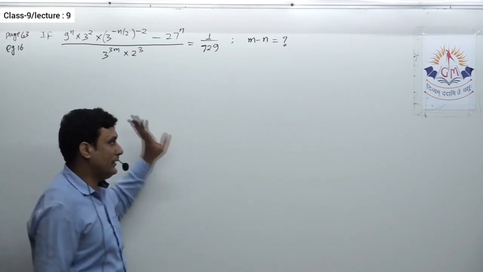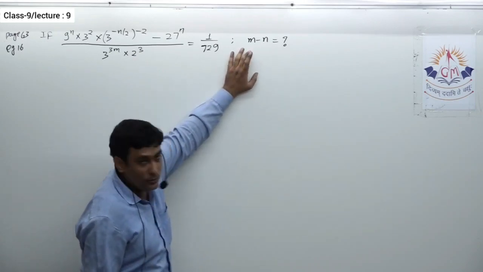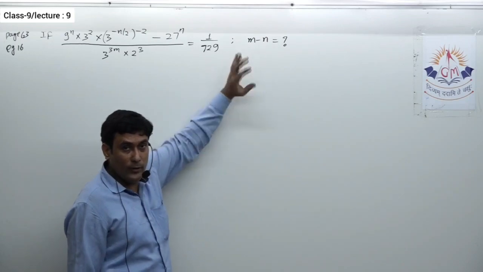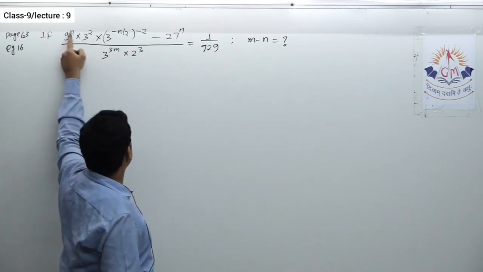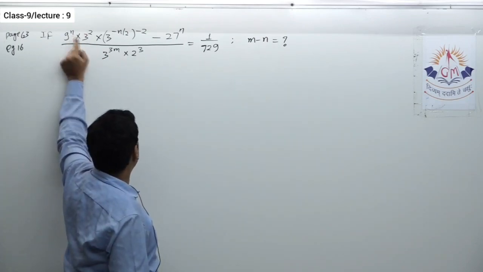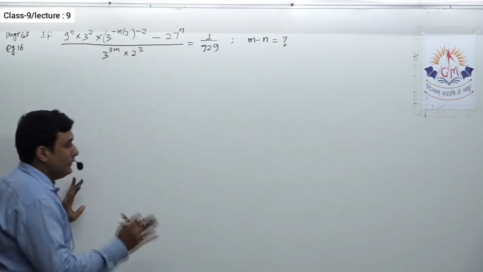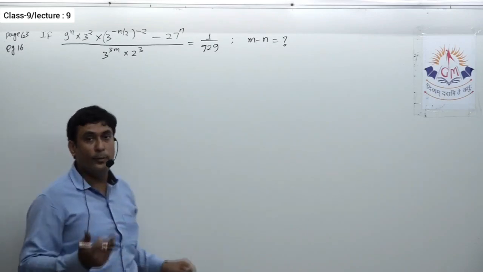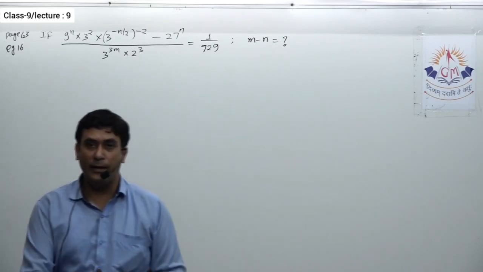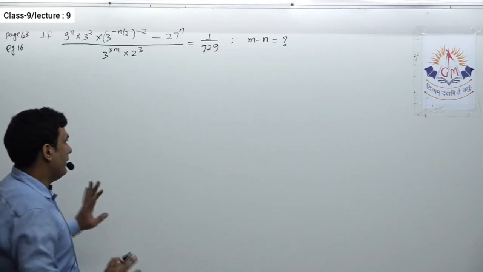That is the very first thing that should come in your mind whenever it is asked to find the values of unknown, and unknowns are already in the terms of powers. Here n is in the power, here m is in the power, again n and n are in the power. So that is the very clear thing, that we have to make the LHS and RHS with the same base. This is the first thing.